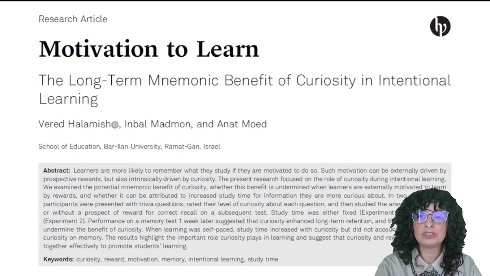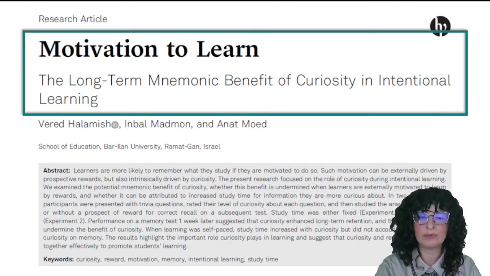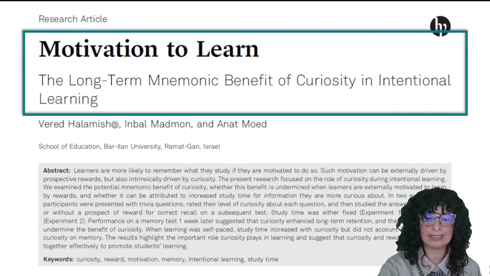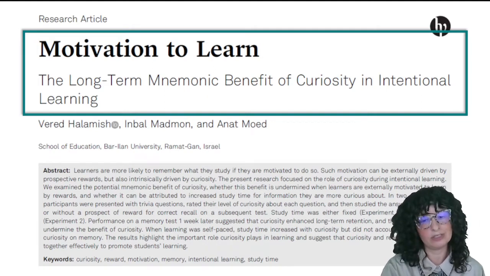The first thing you want to do is read the title and make a good, genuine guess about what the study is about. For the example that we're going to be using during this exercise, I've selected this article, Motivation to Learn: The Long-Term Mnemonic Benefits of Curiosity and Intentional Learning, by Halamish, Madmon and Moed, published in 2019. It's discussing the long-term mnemonic benefits.